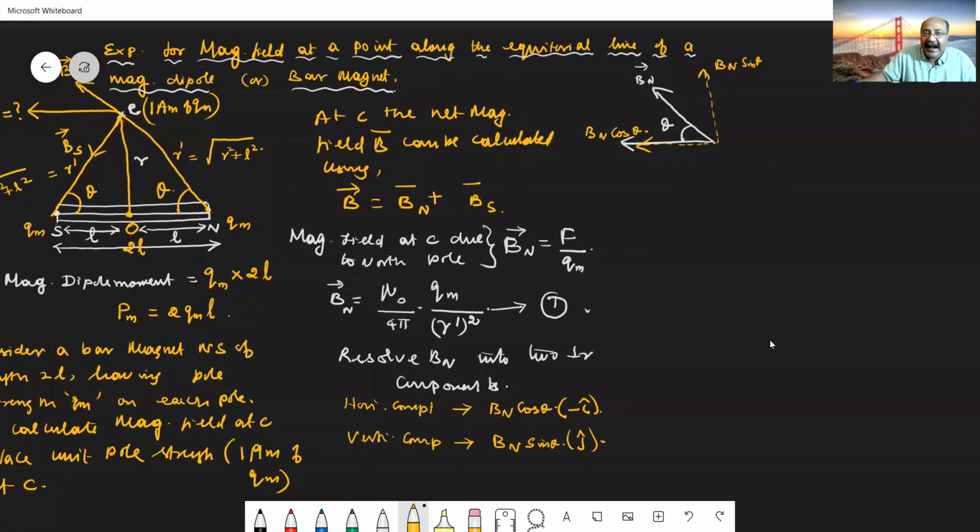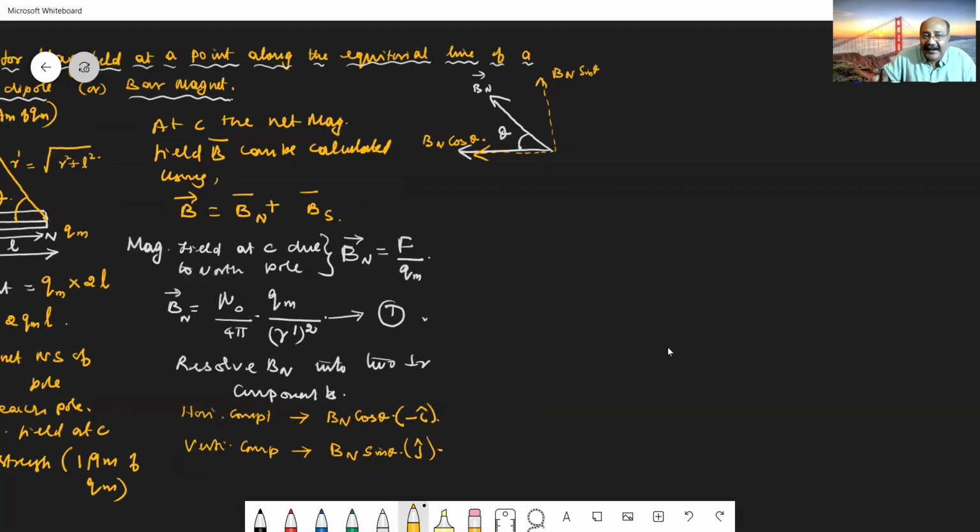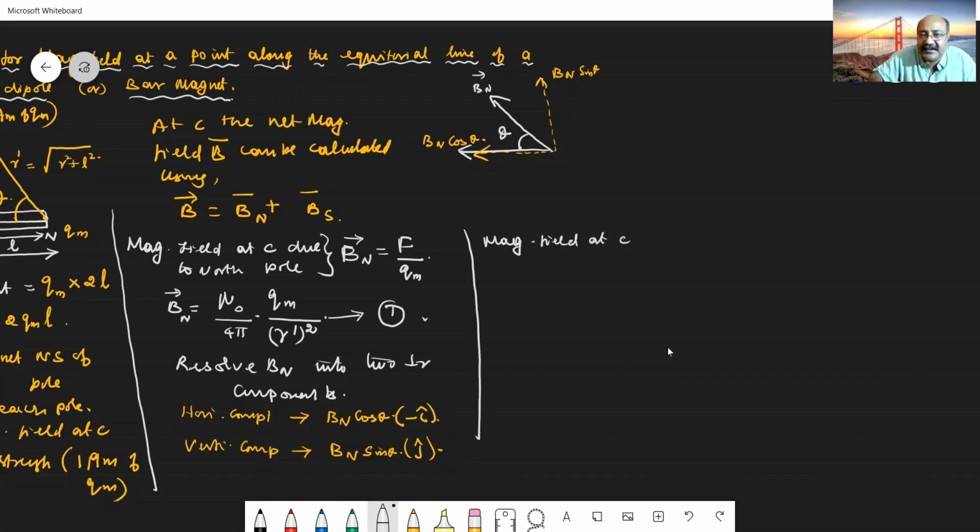Similarly, I am calculating the magnetic field at C due to South Pole. So I am writing here again, magnetic field at C due to the South Pole.